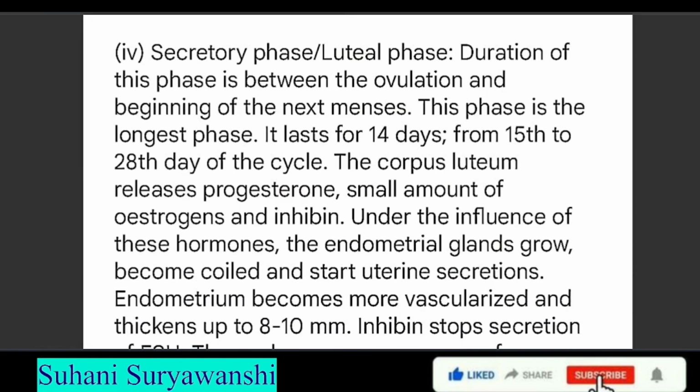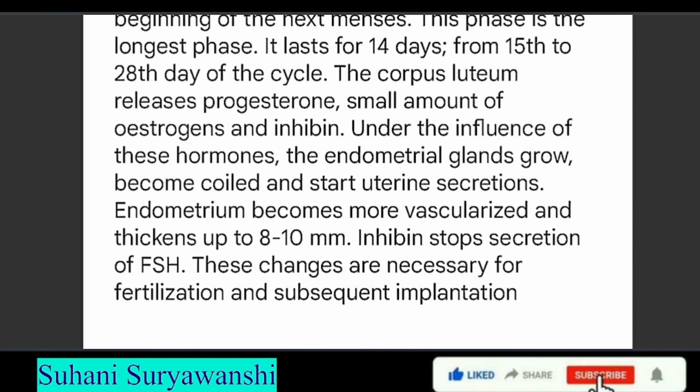Secretory phase or luteal phase. The duration of this phase is between the ovulation and beginning of the next menses. This phase is the longest phase. It lasts for 14 days from 15th day to 28th day of the cycle. The corpus luteum releases progesterone, a small amount of estrogen, and inhibin. Under the influence of these hormones, the endometrial glands grow, become coiled, and start uterine secretion.